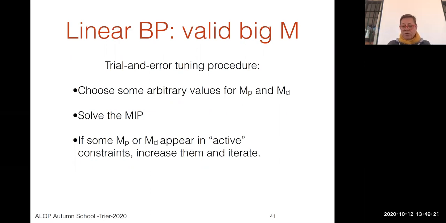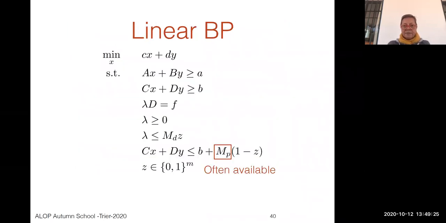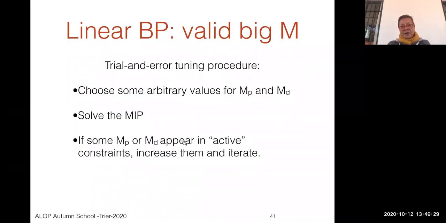And then you solve this MIP. And if some big M appears in some active constraints, then they iterate. And they iterate until this does not happen anymore.